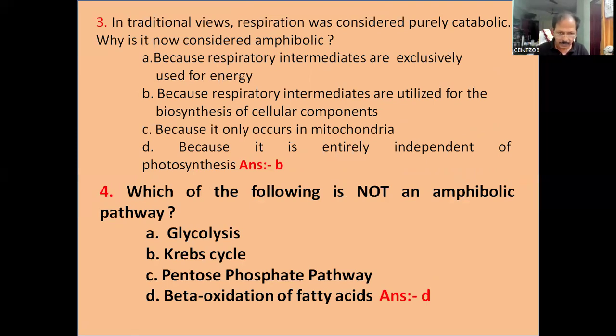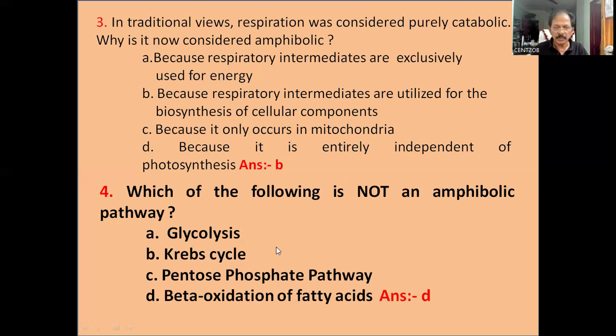B. Because respiratory intermediates are utilized for the biosynthesis of cellular components. C. Because it only occurs in mitochondria. D. Because it is entirely independent of photosynthesis. Answer is B. Because respiratory intermediates are utilized for the biosynthesis of cellular components also.